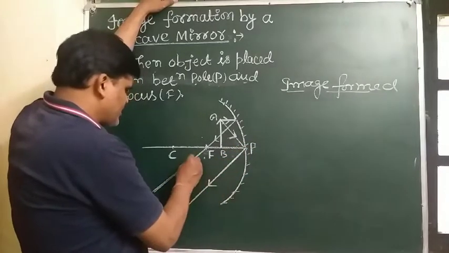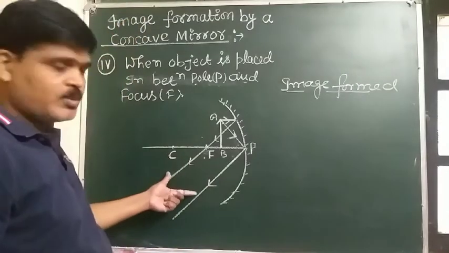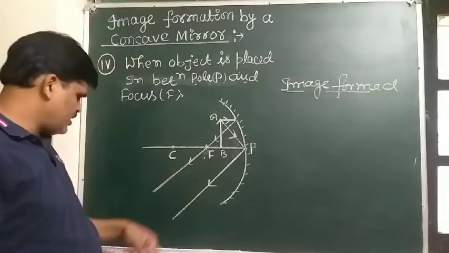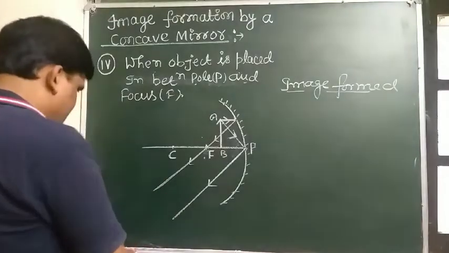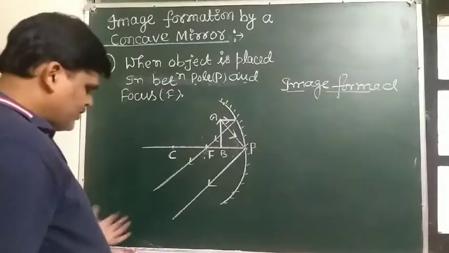These two reflected lights do not actually intersect if we extend them in the forward direction.